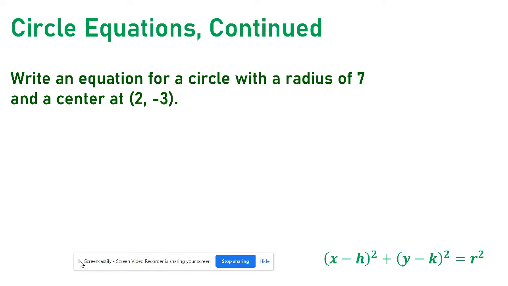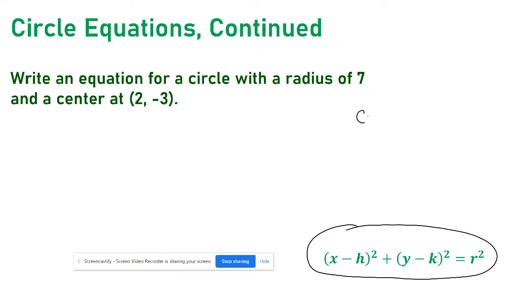The first one says write an equation for a circle with a radius of 7 and a center at 2, -3. I put the form of the equation for a circle down here in the bottom right. Just a reminder that your center is always h, k, so h and k are the coordinates of the center, and your radius is always r.